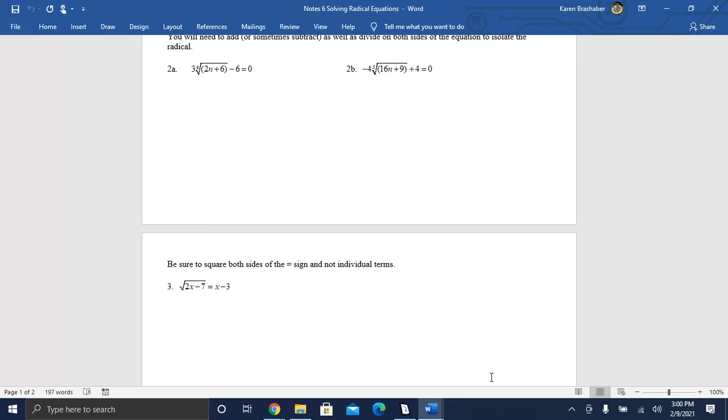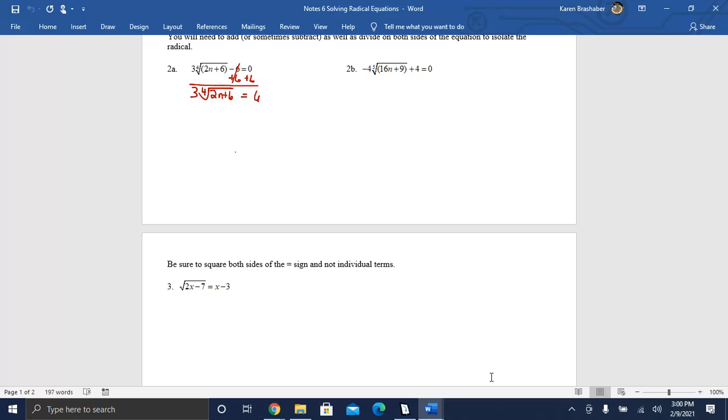So in this 2a, I have a minus 6 that is not inside the radical, and I can't leave it that way. So I'm going to have to add 6 to both sides of the equal sign. Again, it's not inside the radical, so I have to move it to the other side. So this is now gone.